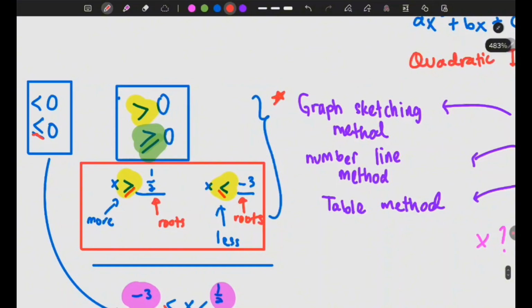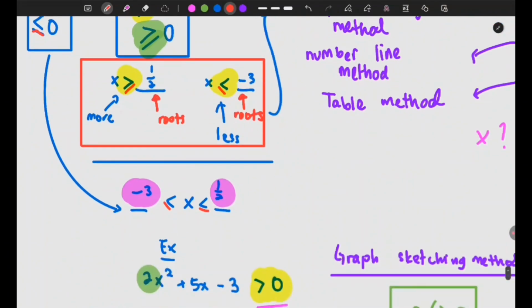If it's more than 0, then the x value will be like this: one is bigger than and one is less than. You just need that, and the place you put the answers is the roots. And same for less than 0 and less than or equal to 0. You just need to put it in this pattern. Done. It's not so hard, right? That's why this chapter is quite easy.